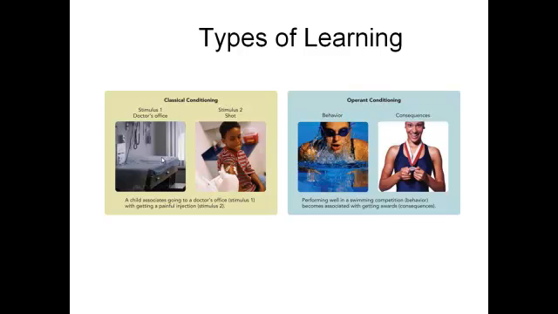Well, how can higher order conditioning happen here? What if the child associates the doctor's building and starts getting afraid when the car approaches the building, or approaches the parking lot of the building? If the child starts showing fear, it's like one step beyond.